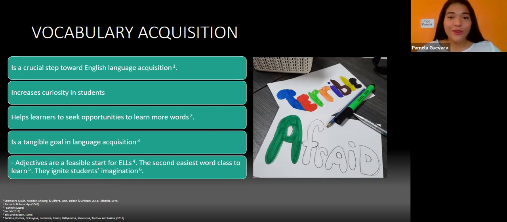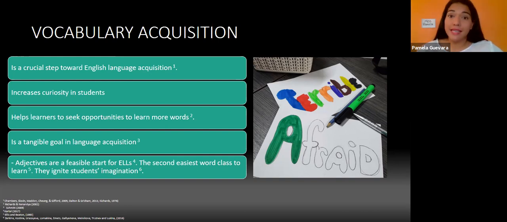Vocabulary is also a curiosity trigger in students. It is known that people are always facing challenges and that we are always looking for new activities to do and more knowledge to acquire.